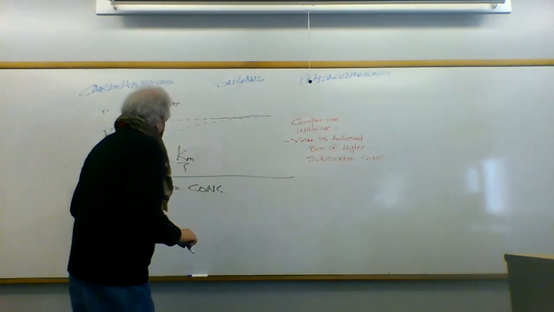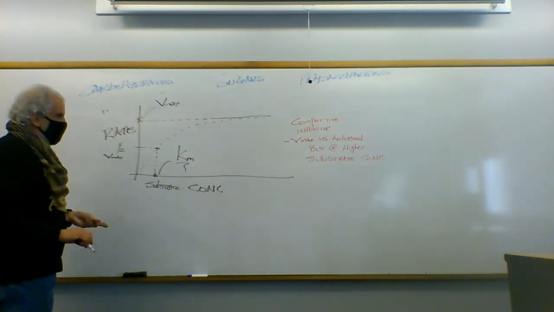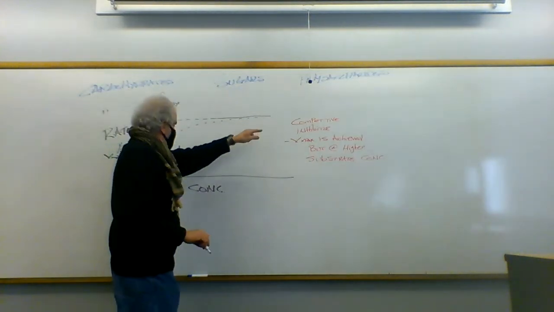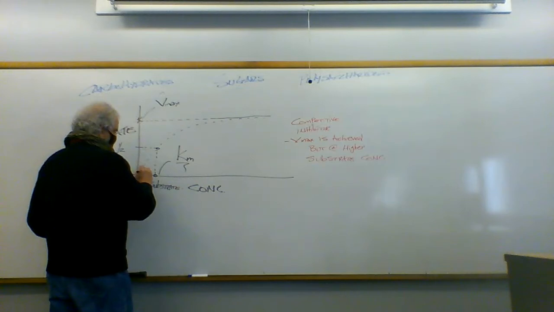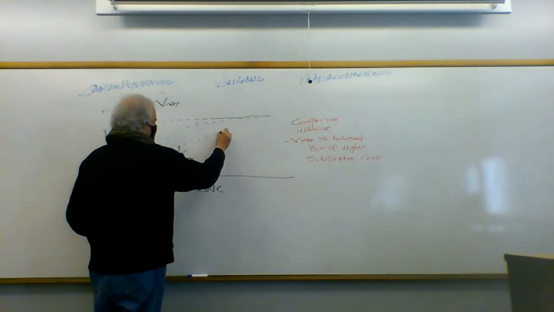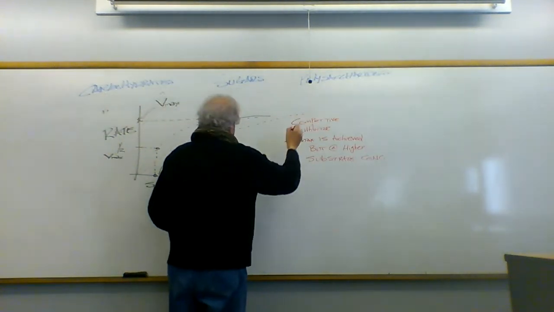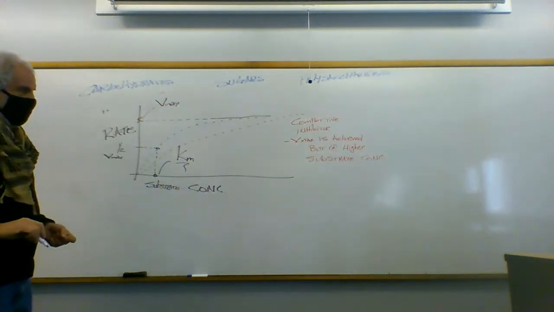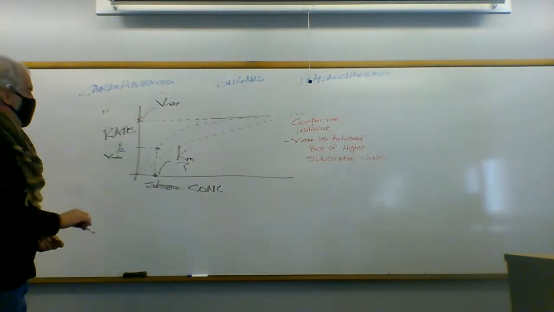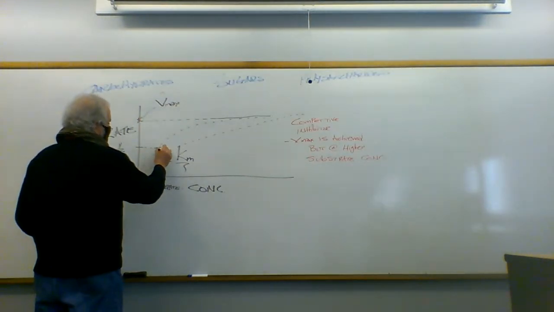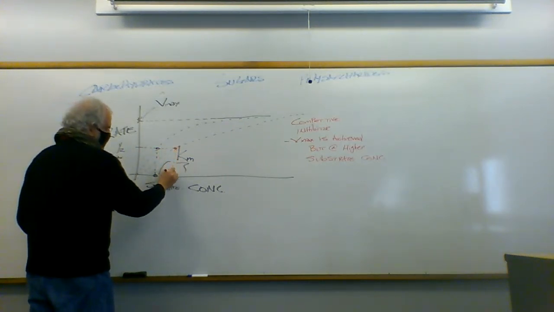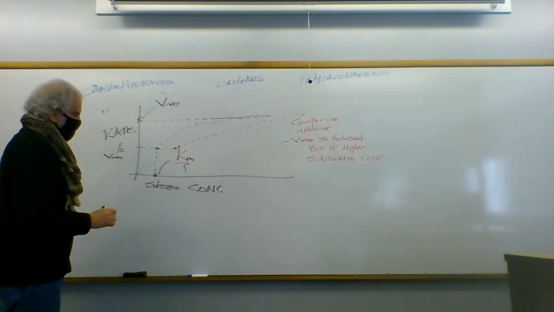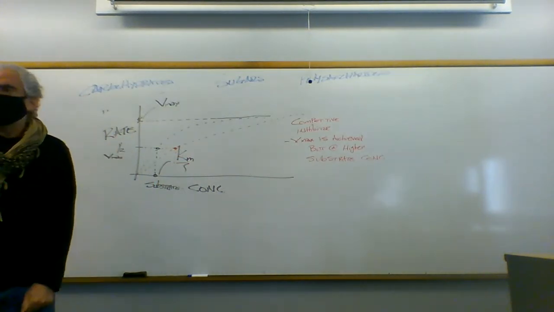So, by definition, because Vmax is achieved, but it's going to take more substrate to get there, we can generate a curve that'll look like that. So, you did make Vmax, but because of that, the Km is further this way on the x-axis. Km is larger.